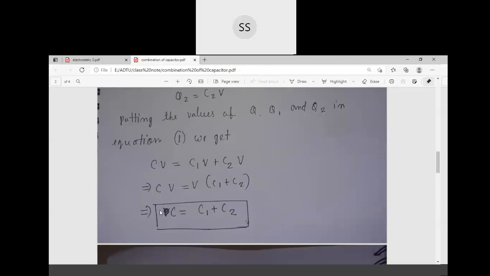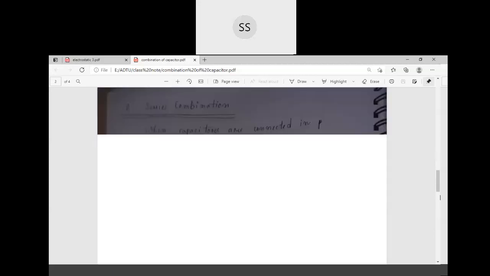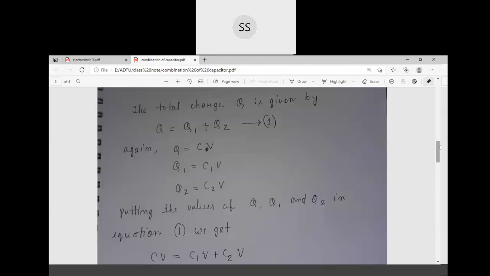Okay, so total capacitance is equal to the sum of capacitances of individual capacitors. So this is for when the capacitors are in series. Parallel, ma'am. Oh, sorry, parallel. When the capacitors are in parallel combination.